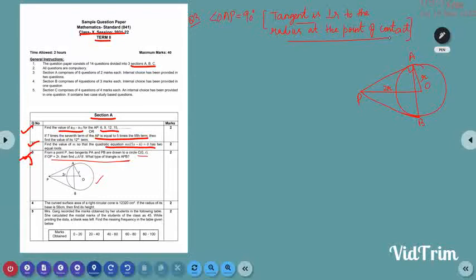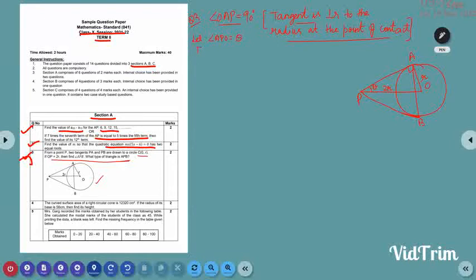And let us assume this angle APO to be equal to theta. Now if we look at this triangle OAP, in triangle OAP this angle is 90 degree. That means triangle OAP is a right angle triangle.